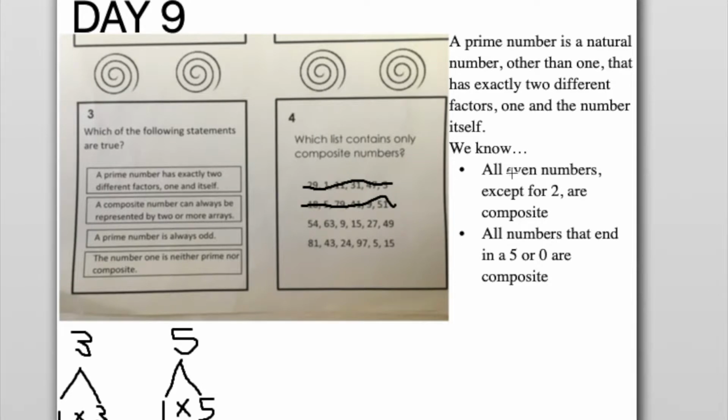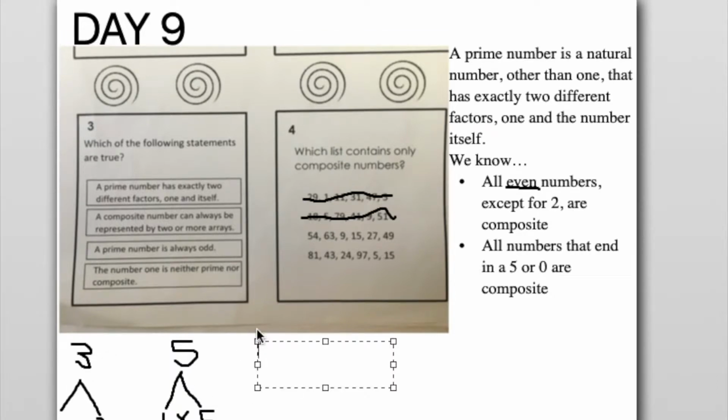Well, over here, it tells us that all even numbers are composite, except for 2. So we know 54 is composite. Then we've got 63. Well, if we remember our multiplication facts, we know that 9 times 7 equals 63. So that means 63 is composite.